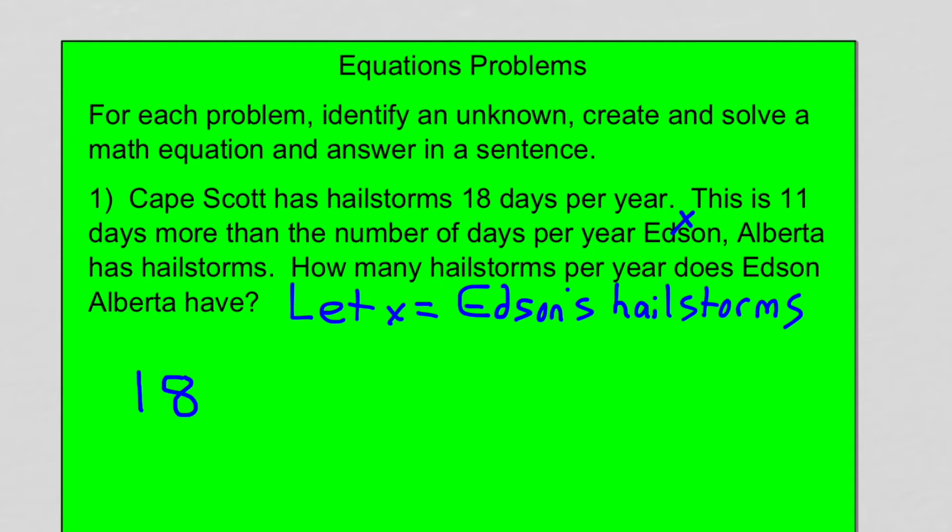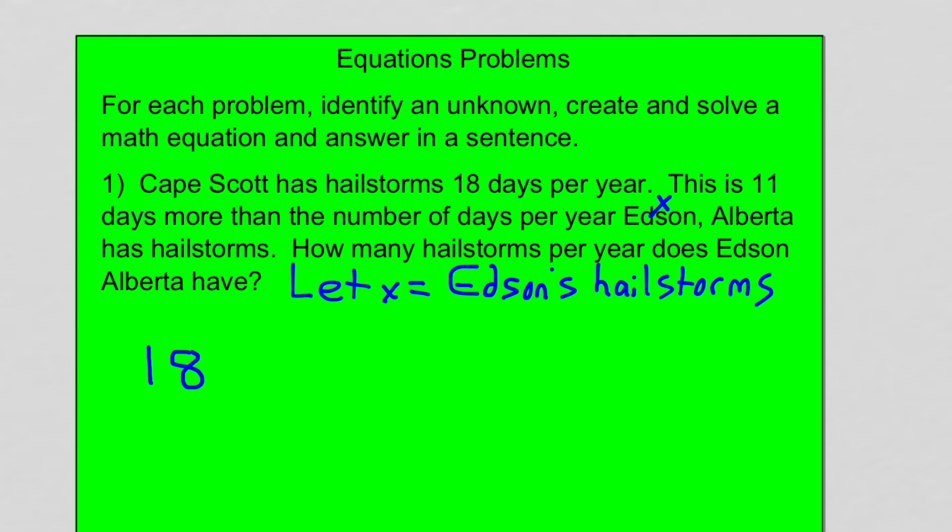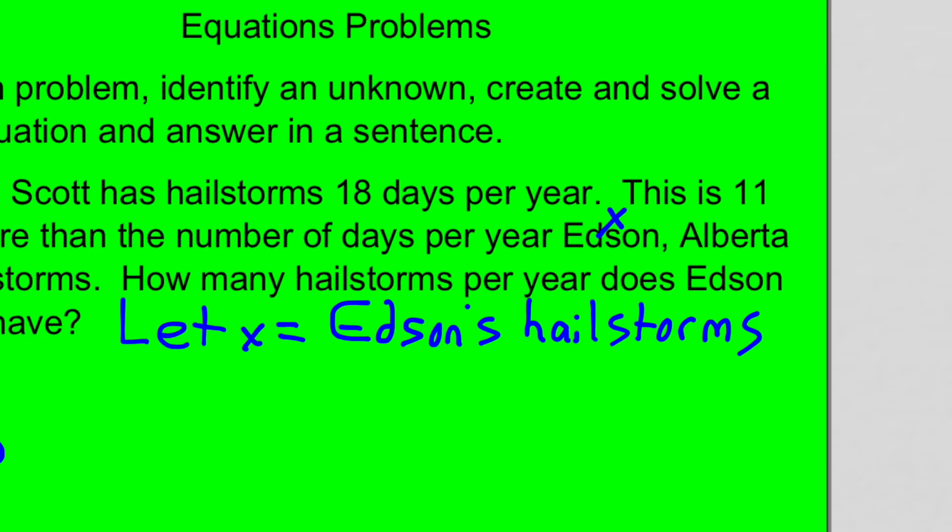And it says this is 11 days more than the number of days per year Edson has hailstorms. 11 days more than. Well, first of all, is, that word very often means equals.